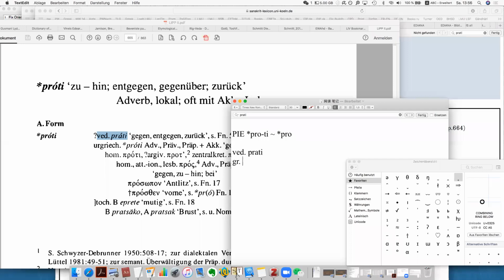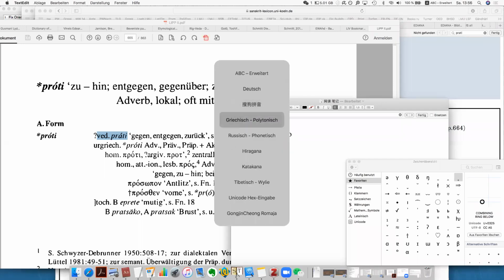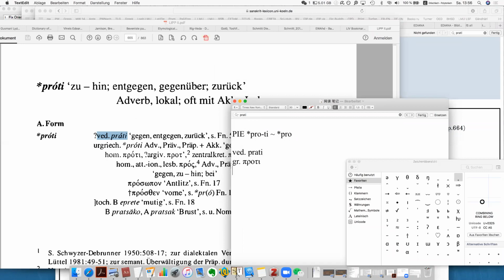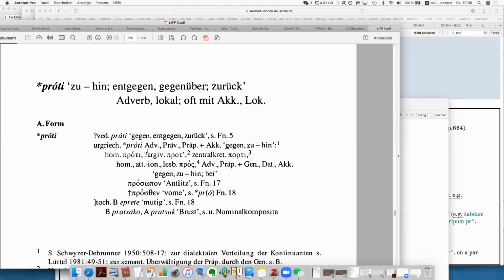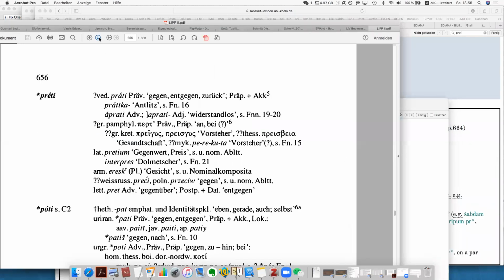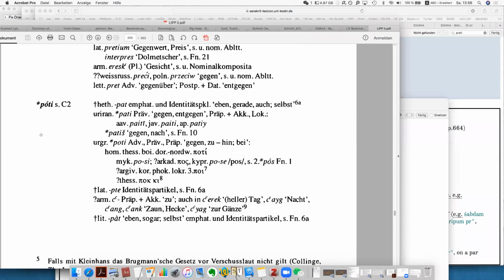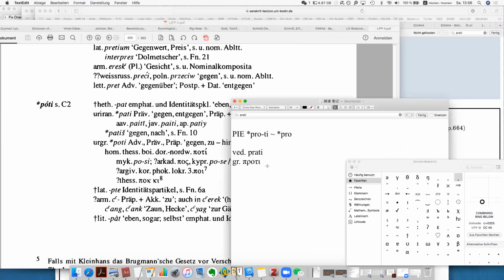And also in Greek, you have proti, right? And then let's move on. This proti has actually a variant, namely, poti.